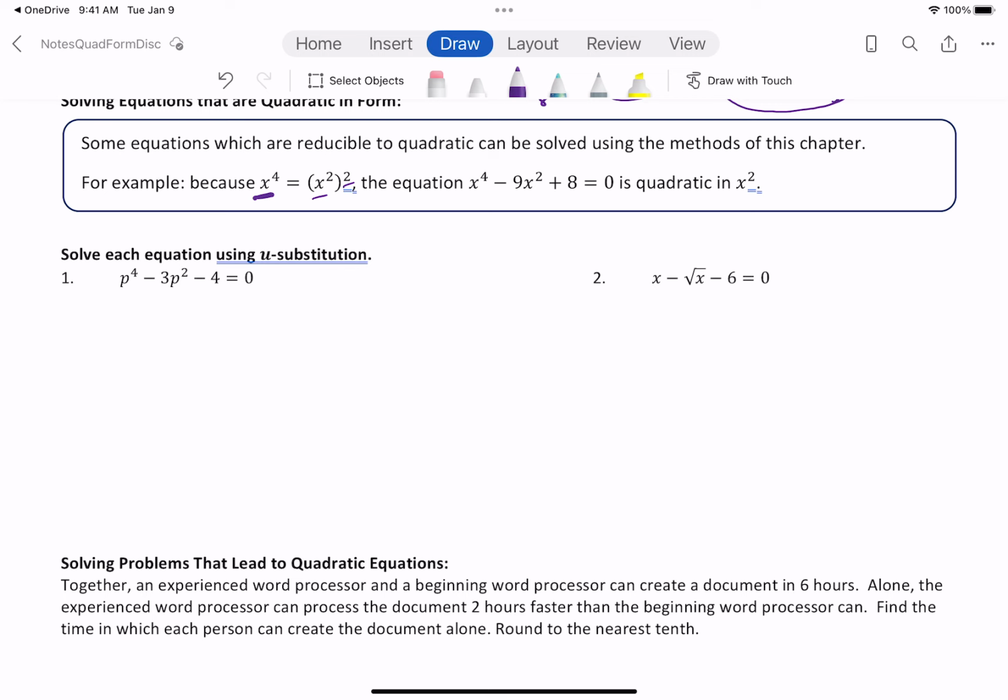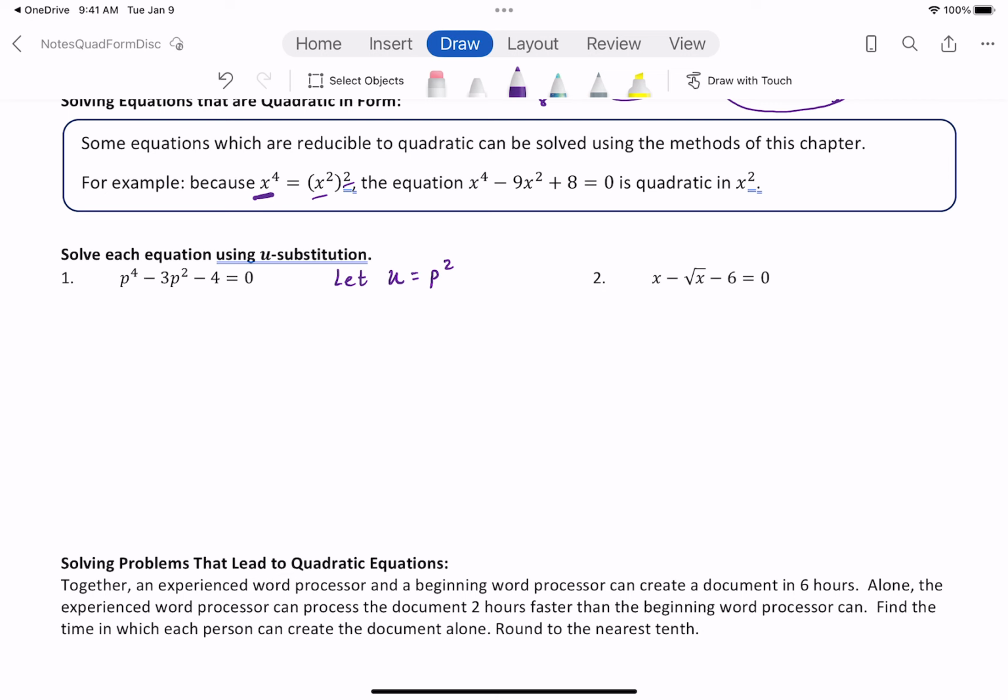If I have this problem where my highest term is to the fourth, and then I have a quadratic and then a constant, more often than not, we're going to let U equal P squared.